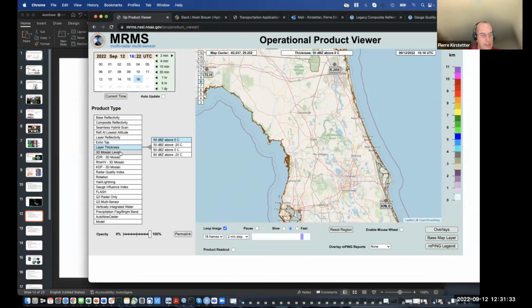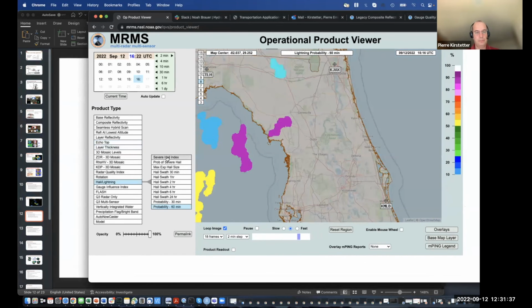You can see that hail here. So we have a severe hail index. Well, the index is pretty low at this time over Florida. We have almost no probability of severe hail, and the maximum expected hail size, it's pretty small.